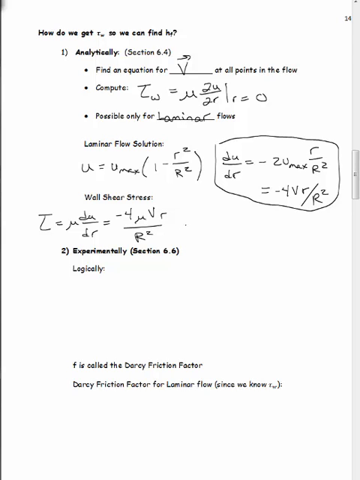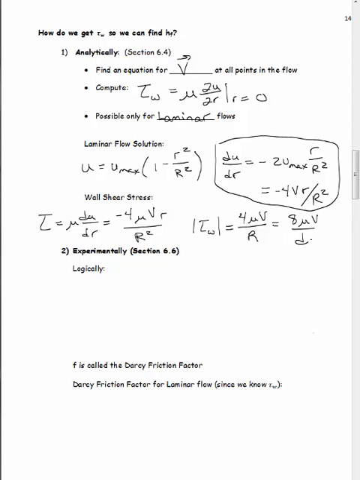To get it at the wall, let's just do the magnitude, because we already included the sign before in our conservation of linear momentum equation, knowing it was going backwards. So our shear stress at the wall, dropping that sign, is 4 mu v over big R. Or let's put it in terms of d: 8 mu v over d. All right, so we can calculate our shear stress at the wall if it is laminar.